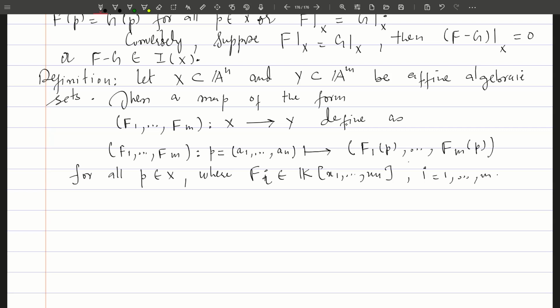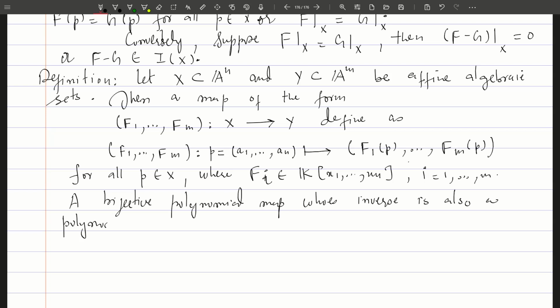A bijective polynomial map whose inverse is also a polynomial map is called an isomorphism.